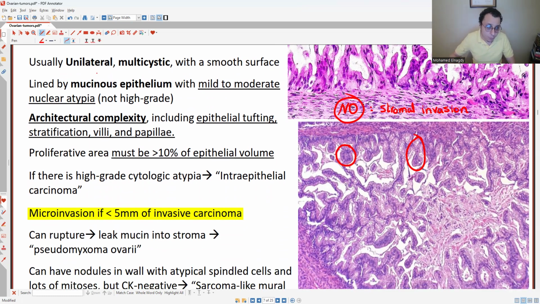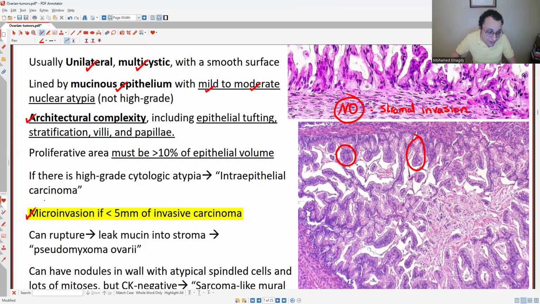Okay, the borderline mucinous tumor is also unilateral. It's usually multicystic. You have this mucinous epithelium with mild to moderate nuclear atypia. That's why I say benignish looking. However, still low mitosis. There is some kind of architectural complexity. This means tufting or papillae.